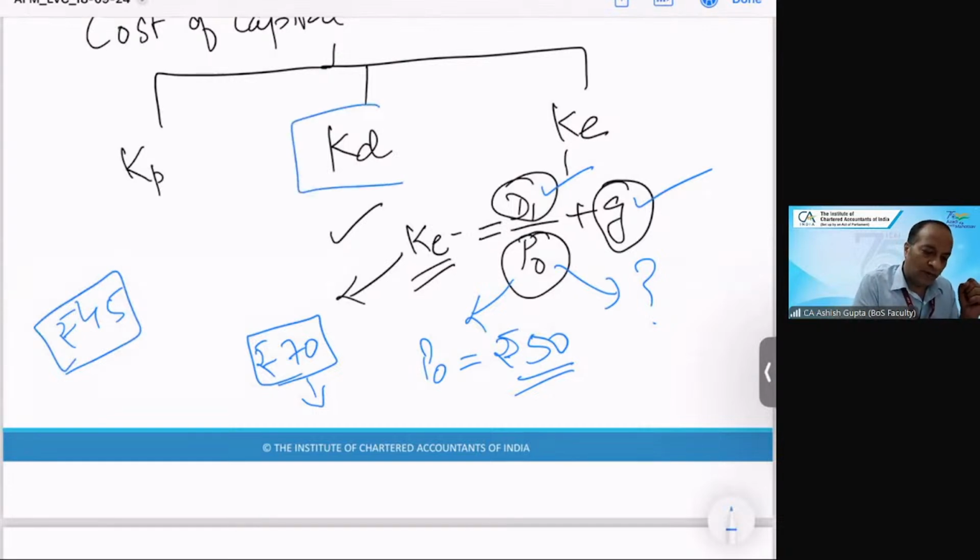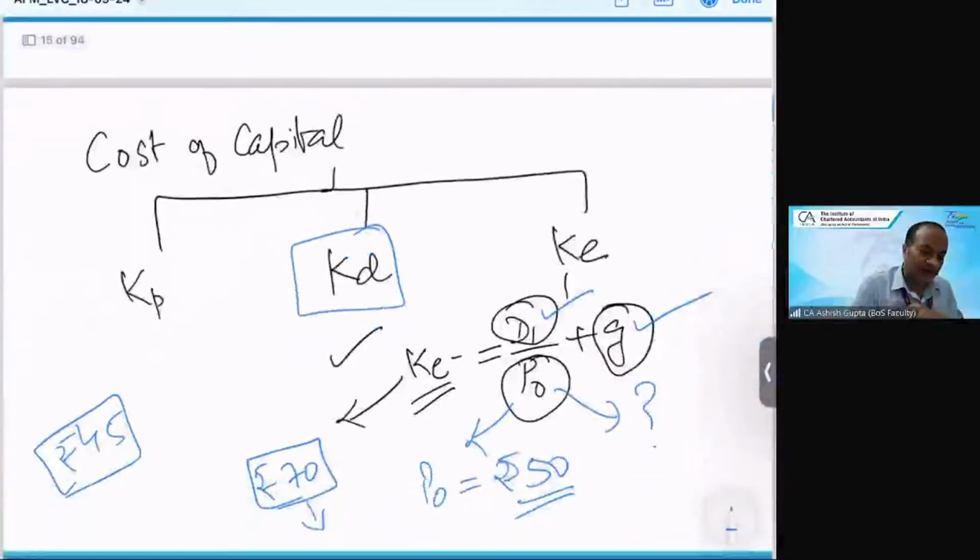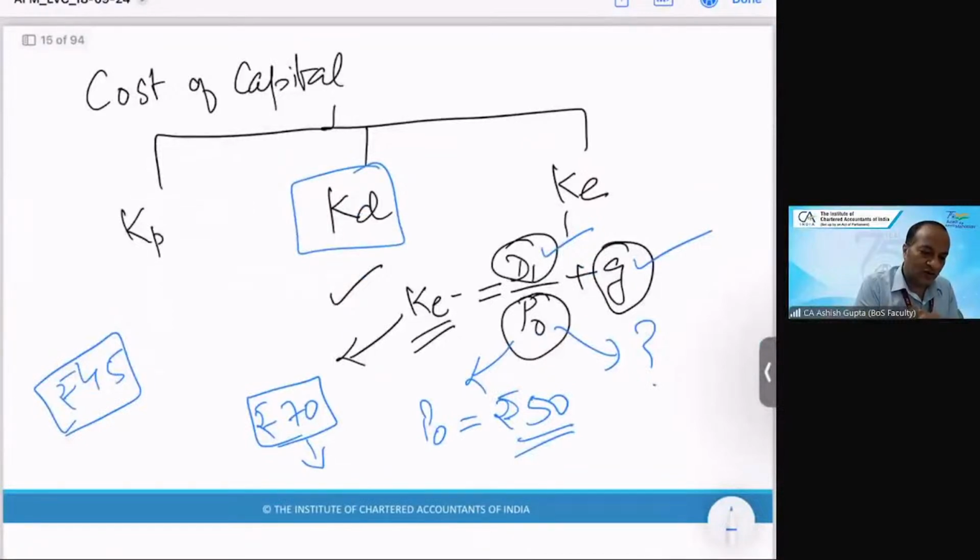Similarly, when we talk about debt, here we used to use the IRR method.